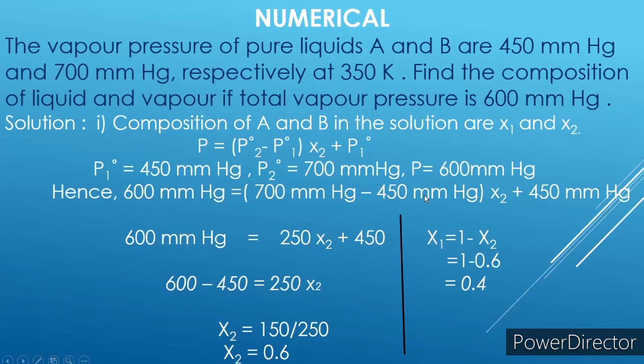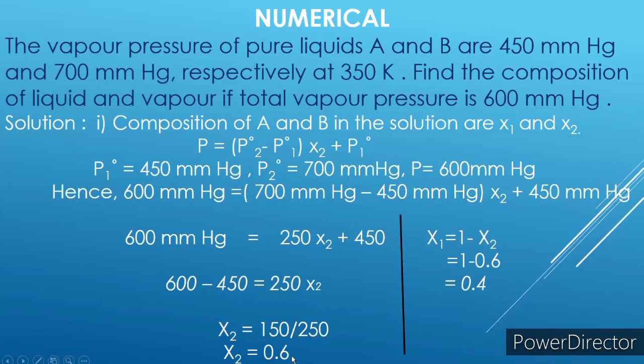Since 700 minus 450 is 250, 600 equals 250 X2 plus 450. Taking 450 to the left hand side, 600 minus 450 equals 250 into X2. Therefore X2 equals 150 upon 250, which comes out to be 0.6.